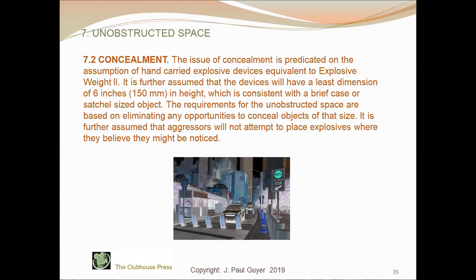The requirements related to equipment and enclosures should be evaluated based on similar criteria. Equipment should be evaluated based on the capacity to conceal objects, primarily underneath and inside it.